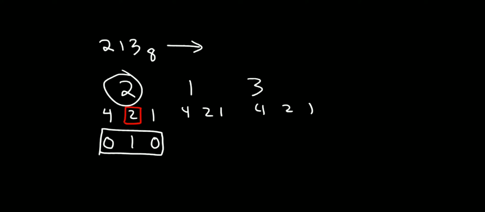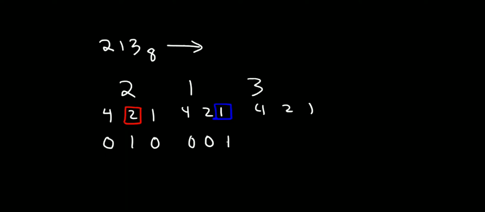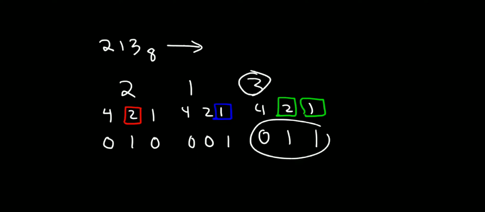We will get 0 0 1. Now how will we get 3? This 2 and this 1, so 0 1 1. This is the representation of 3 only.